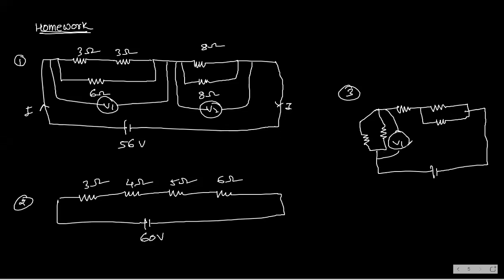Across this is V1, remember. Across this is V2, only this resistor. And across this is V3. And the values are: 4 ohm, 4 ohm, this is also 4, this is 6 and this is 6. This is 18 volt. Okay?